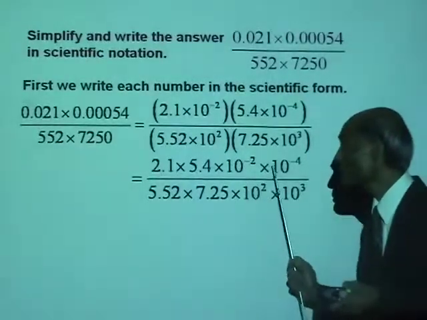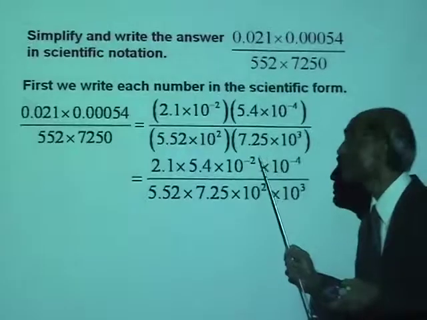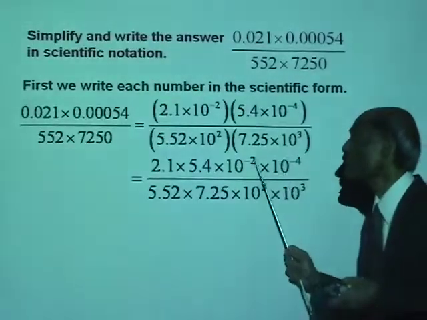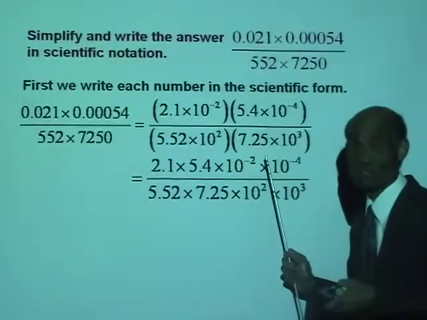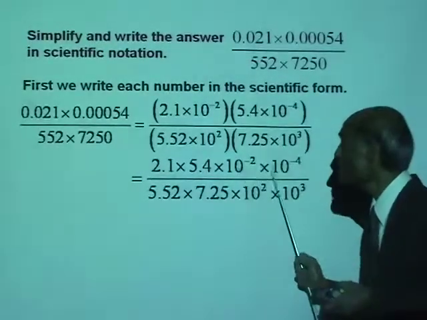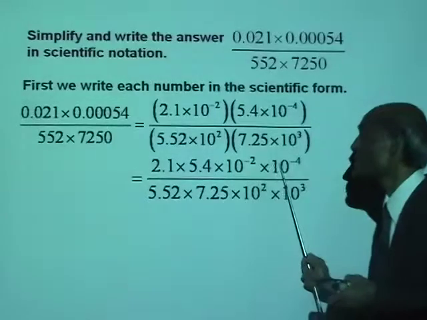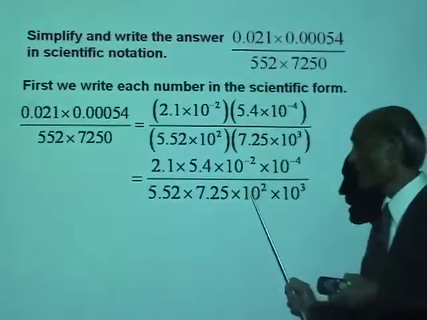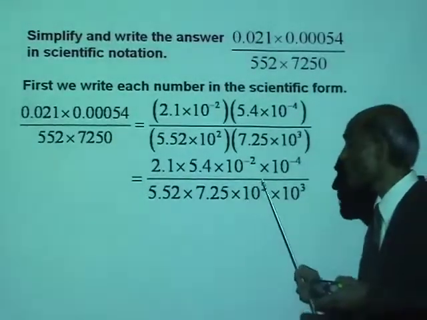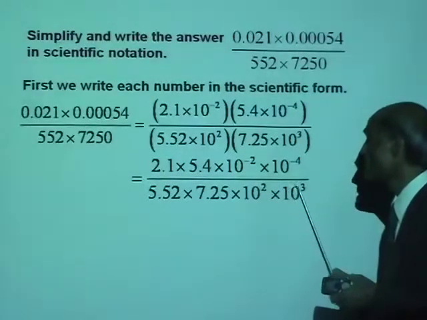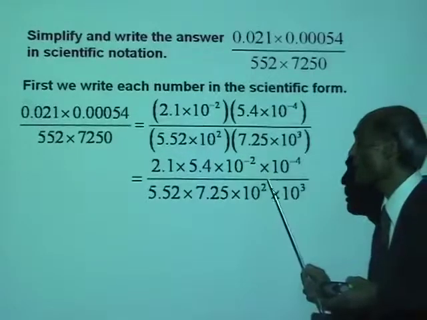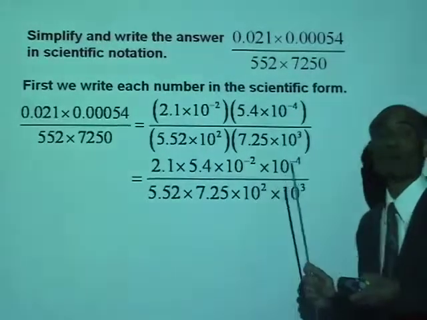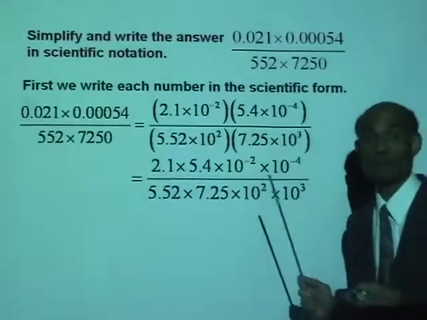The bases are the same, therefore you add the exponents. What is negative 2 added to negative 4? It's negative 6. So this will be 10 to the power of negative 6. On the denominator, what is 10 to the power of 2 multiplied by 10 to the power of 3? That will be 10 to the power of 2 plus 3, or 10 to the power of 5.